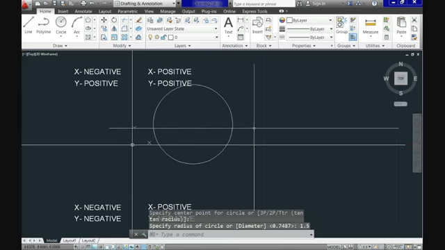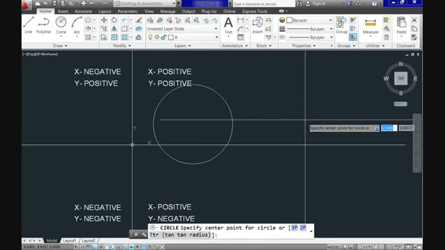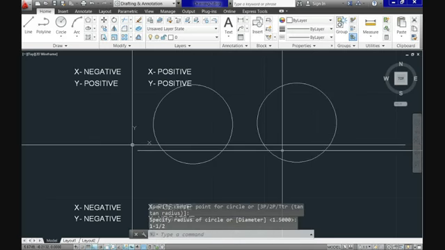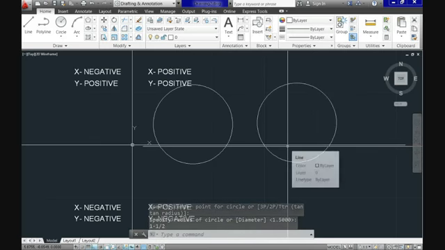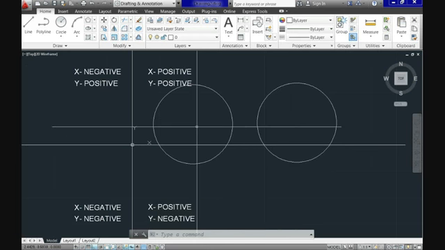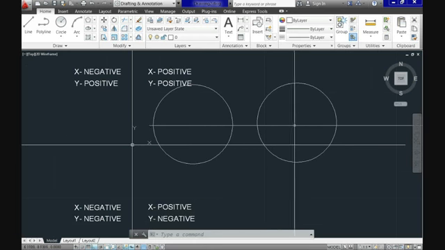And now the second one, I want to get the same result, but I don't want to use a decimal. I'm putting 1 hyphen 1/2, which means 1.5, and I get the same result. So basically you can see that AutoCAD gives you the same exact result with two different systems.